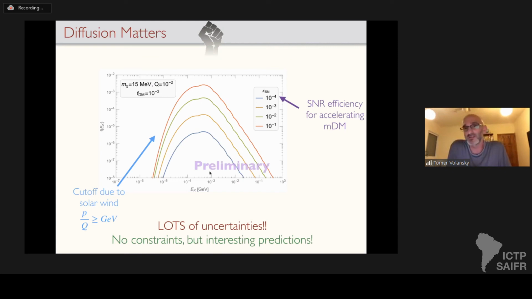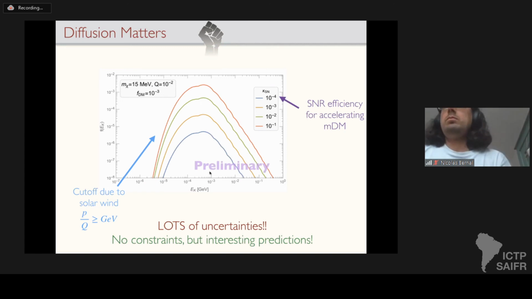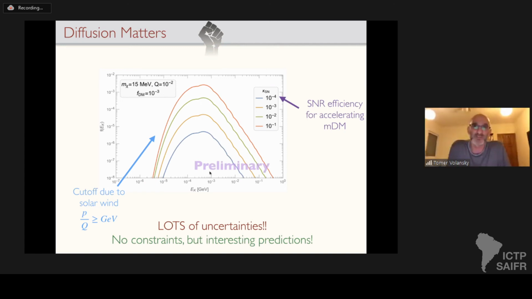You actually get it above the atmosphere. We still need this is a calculation without the penetration through the atmosphere and the Earth for direct detection. So we're doing that, with the usual shielding for strongly interacting dark matter. But yeah, there definitely could be milli-charged dark matter in the galactic plane. That was the bottom line from this diffusion thing.